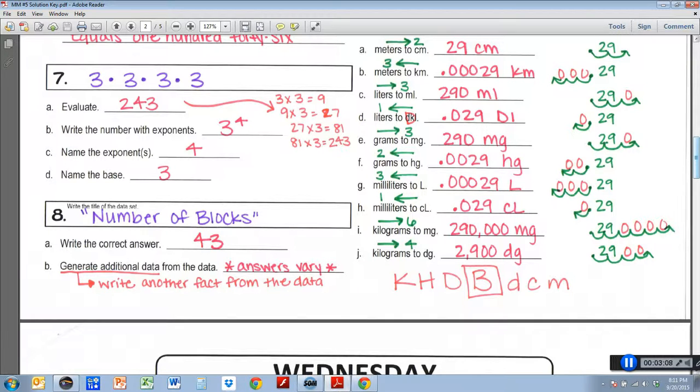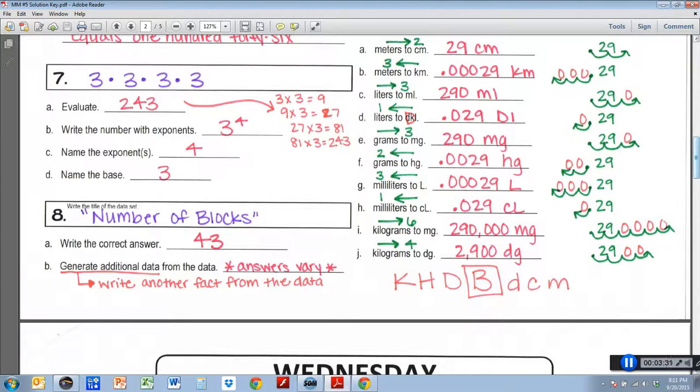So it's 81. Now when we write the number with exponents, that just means instead of writing 3 times 3 times 3 times 3 and taking up all that space, we're going to write it in the shorter form. So we're going to write 3 to the 4th power. And that 4th power means that we are multiplying the 3 four different times.